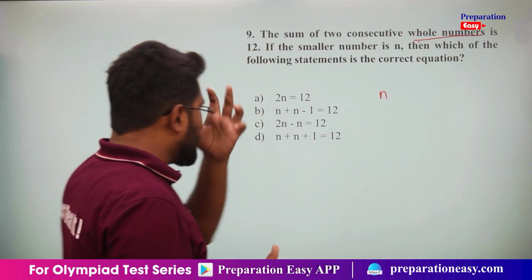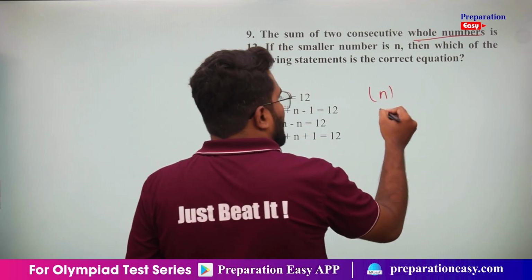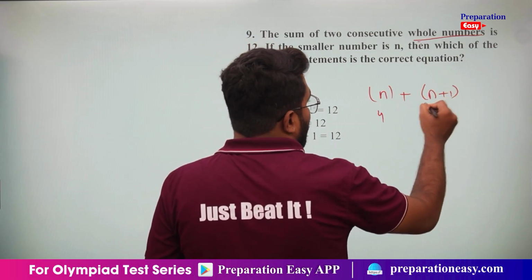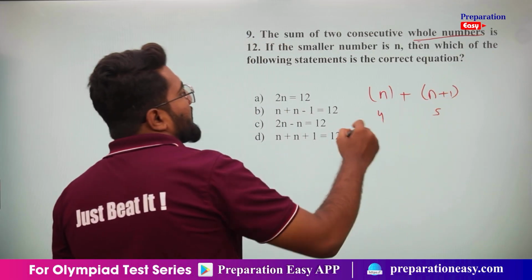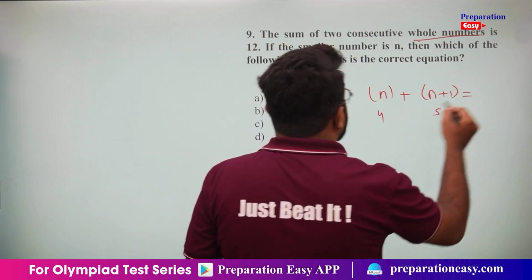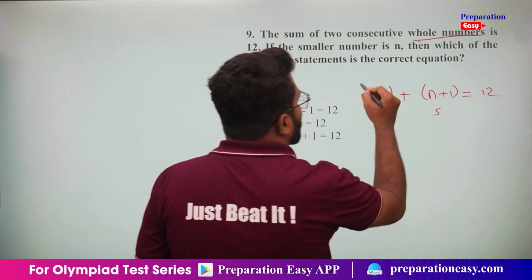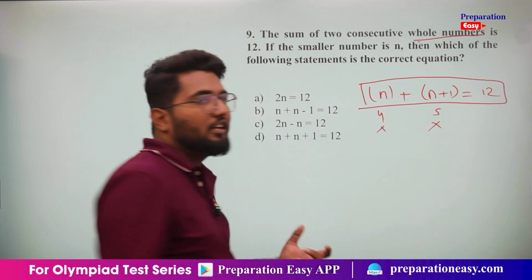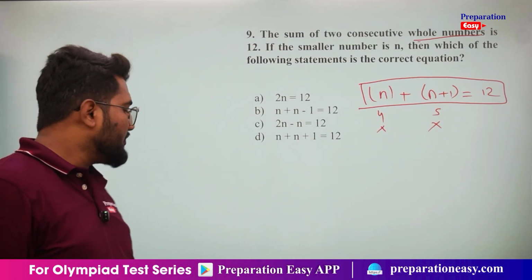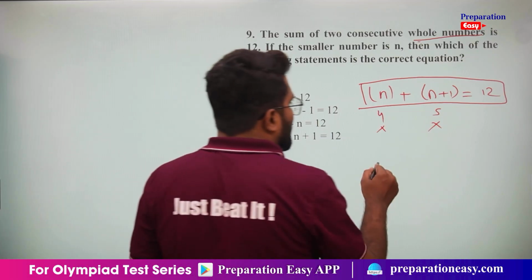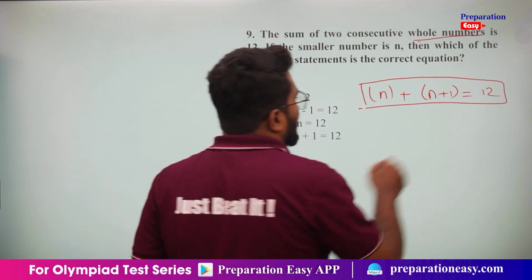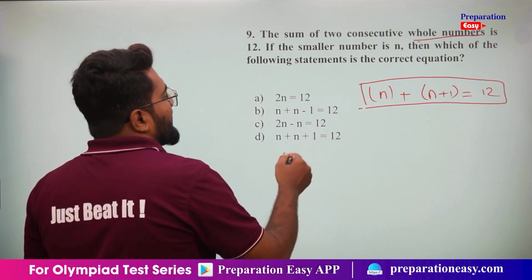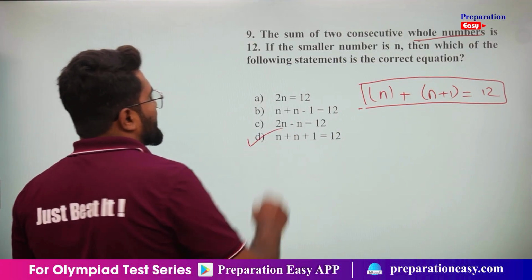So our equation will become n, that is our 4, plus n plus 1, that is 5, 4 and 5, which will total 12. These 4 and 5 are just our considerations for understanding, not the final answers. So which equation will be correct? n plus 1, option D.